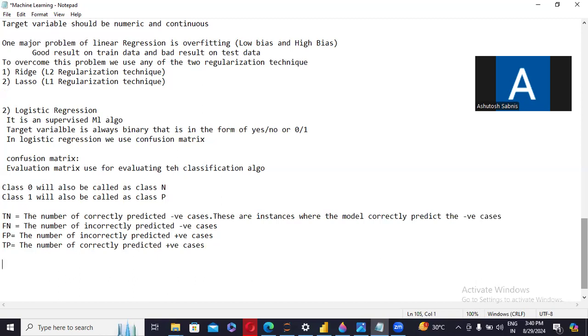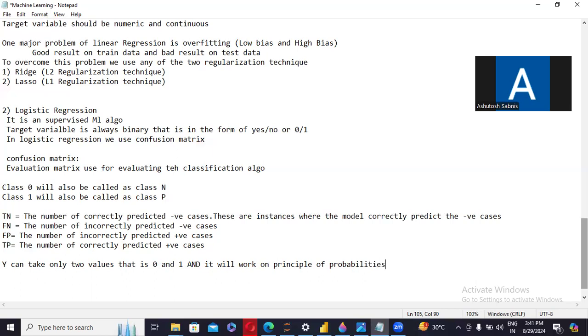Okay, now I have told you y is the target variable. y can take only two values, that is 0 and 1, and the most important point, it will work on the principle of probabilities. In linear regression there was no such term as probability.